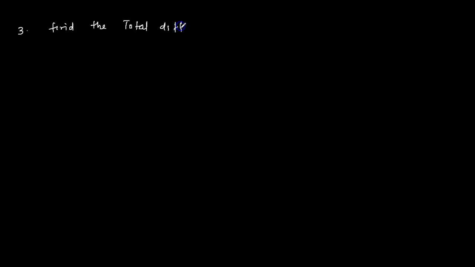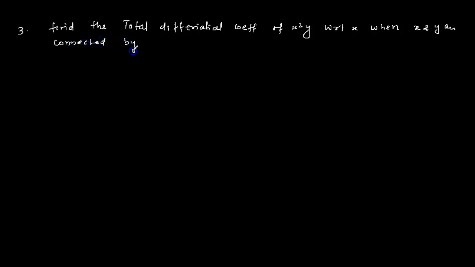Next, question number 3. Find the total derivative and total differential coefficient of x square y with respect to x when x and y are connected by x square plus xy plus y square is equal to 1.